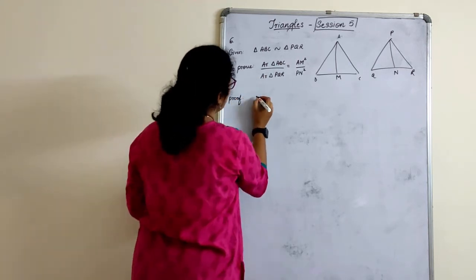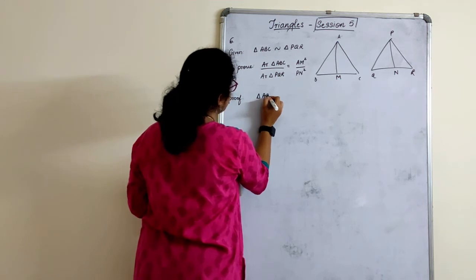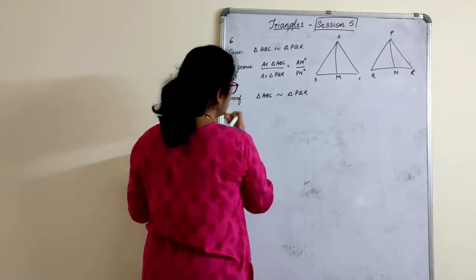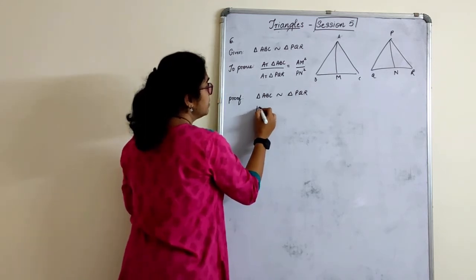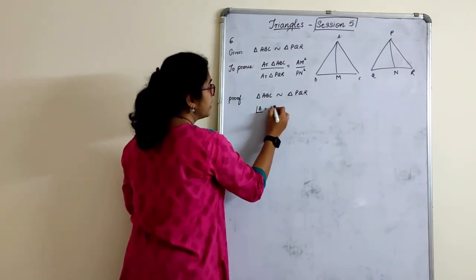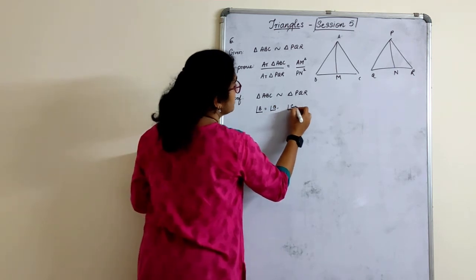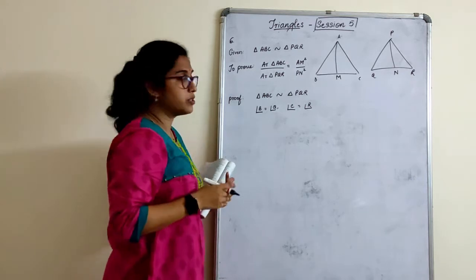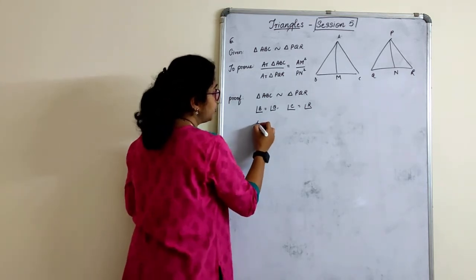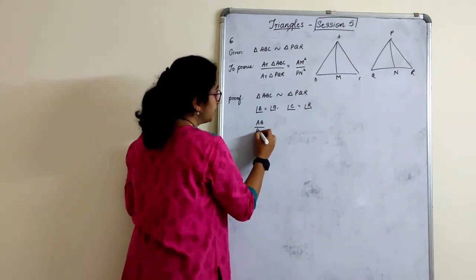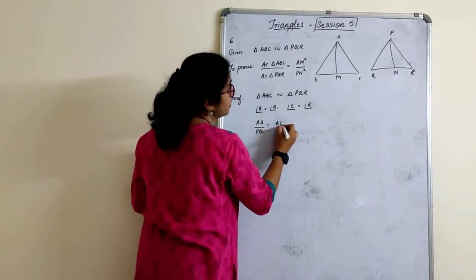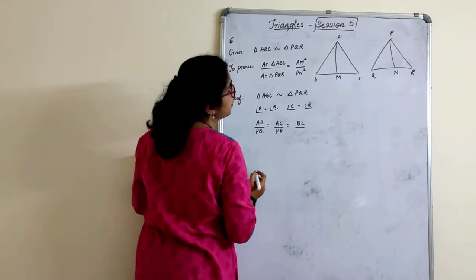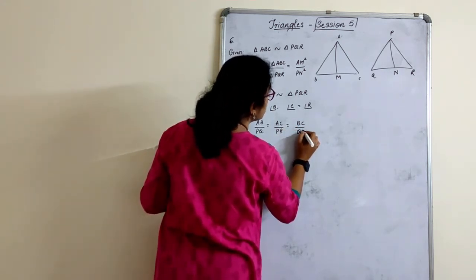Start with the usual, what we know. Triangle ABC is similar to triangle PQR. So since they are similar, angle B is equal to angle Q and angle C is equal to angle R. Angle A I will not use because it is drawn in terms of the median part. Leave it as it is. Proportional sides: AB upon PQ is equal to AC upon PR is equal to BC upon QR.